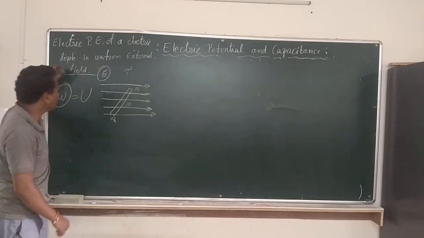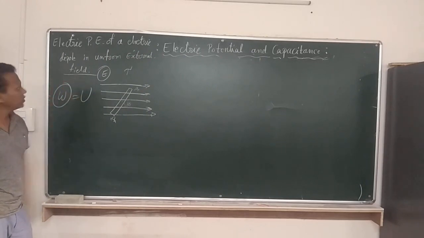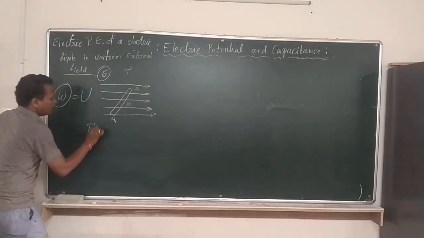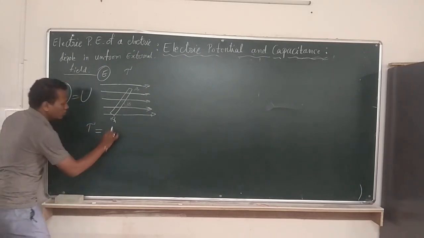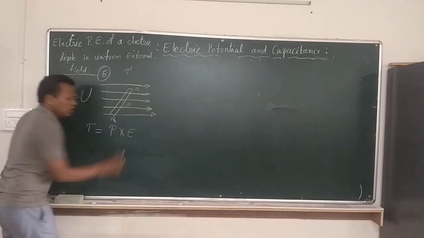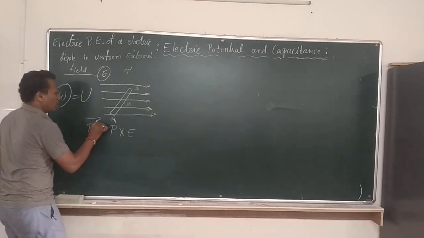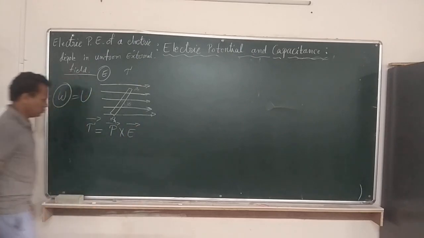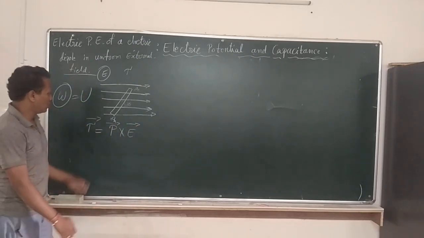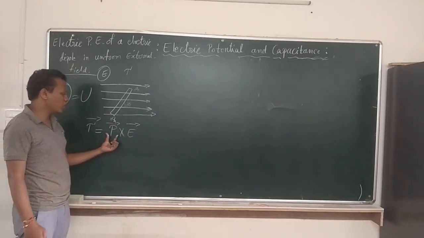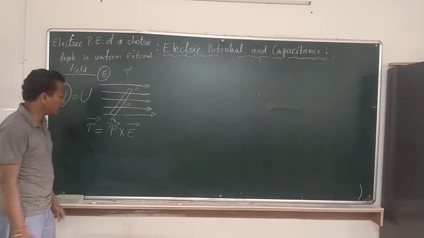Related to this point, we can define the torque tau equal to P cross E. First of all, I want to write this in vector form: electric torque, electric dipole moment, and electric field.